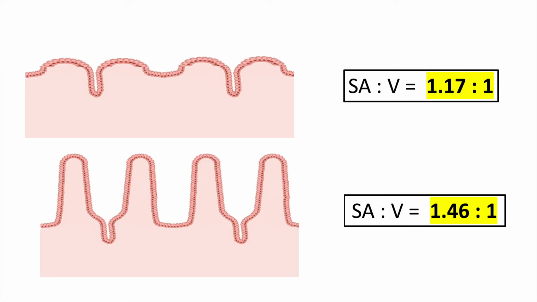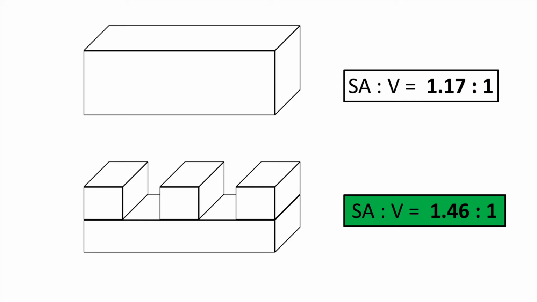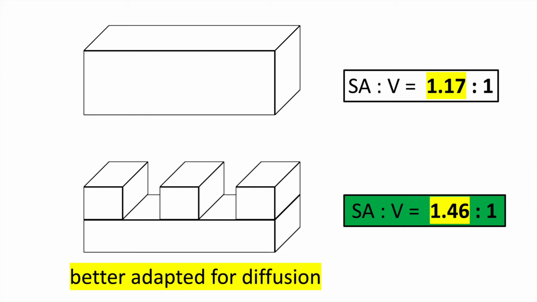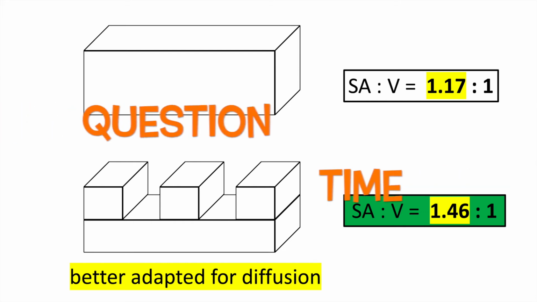So someone with celiac disease in the villi above has a lower surface area to volume ratio than the person with the villi below, which has a higher surface area to volume ratio of 1.46 to 1. This means that the villi below are going to be better adapted for diffusion because their surface area to volume ratio is higher.